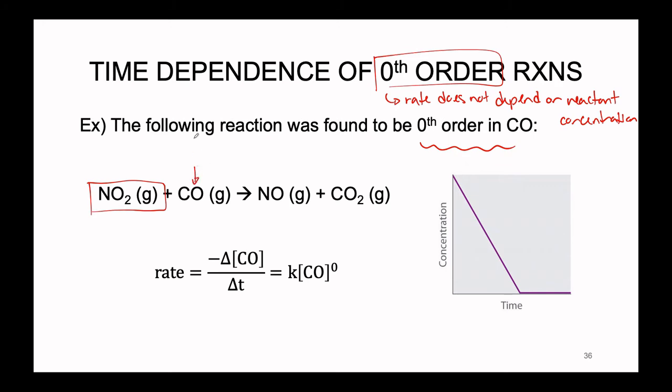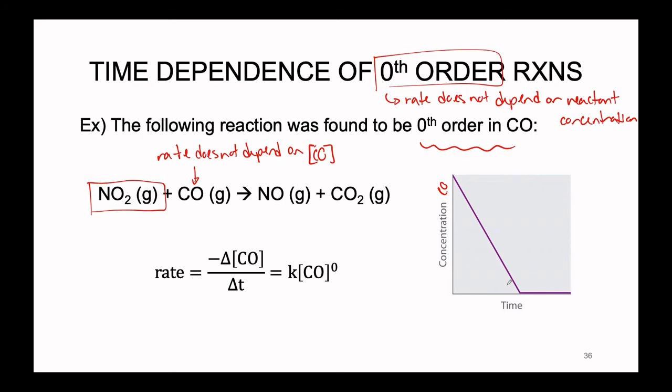The rate does not depend on the concentration of carbon monoxide. So what we would monitor as a function of time as this reaction progresses is that the concentration of our carbon monoxide would linearly decrease over time.